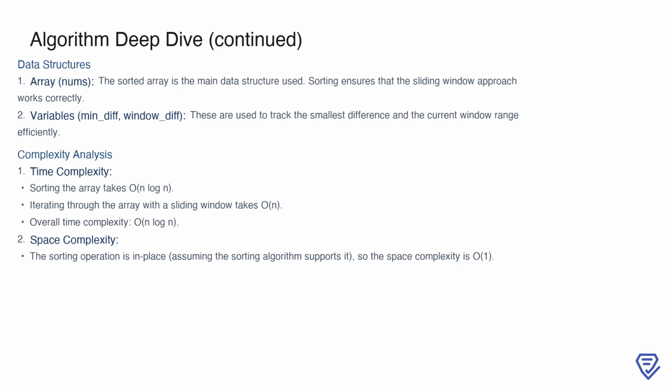Once the array is sorted, iterating over it with a sliding window takes linear time, n. Therefore, the overall time complexity of the algorithm is n log n. For space complexity, since the sorting operation can be performed in place using algorithms like timsort, the space complexity is 1. This makes the algorithm both time-efficient and space-efficient, suitable for handling large input sizes.